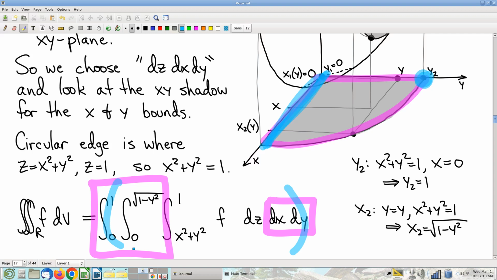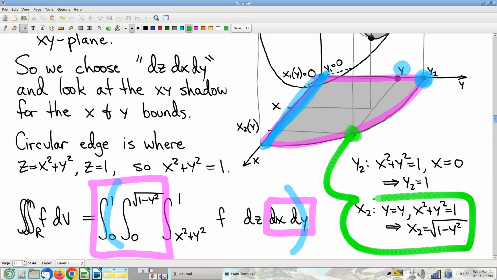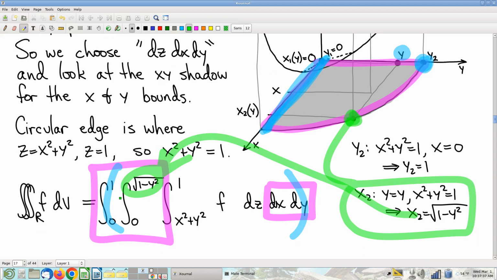And then for any given value of y, x starts at 0 and ends at this point about which I know this information, which allows me to solve for x2. It's basically a double integral argument, so I'm going to leave those details for y'all. And it gives us this upper bound for x.